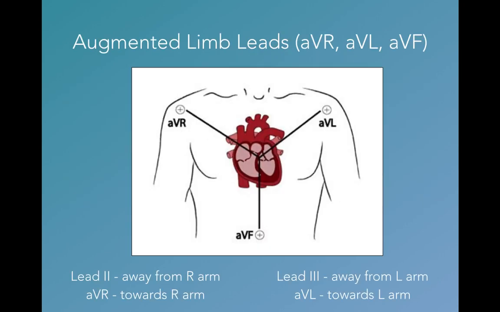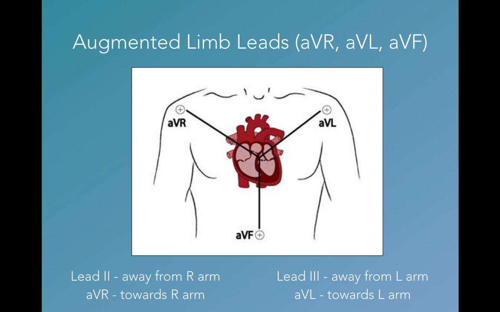So the augmented limb leads are AVR, L, and F. So these are similar in that they're on the limbs, but they're different in certain regards. So AVL and AVR, instead of the positive electrode now being on the foot, they're positive on the right and left shoulders, which are the opposite of the other leads that we just went over.